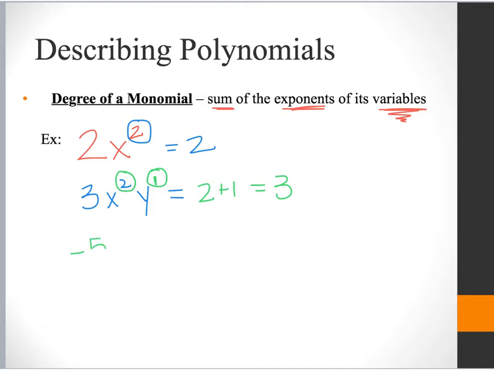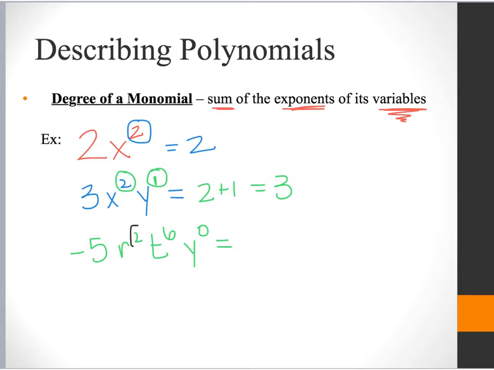So if I give you something like negative 5 r squared t to the 6th, we'll say y to the power of 0, when I go and look at the degree of this monomial, I'm going to add up the sum of the exponents of the variables only.